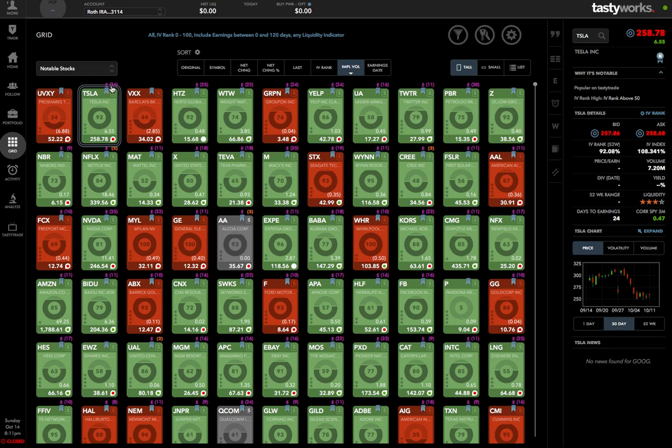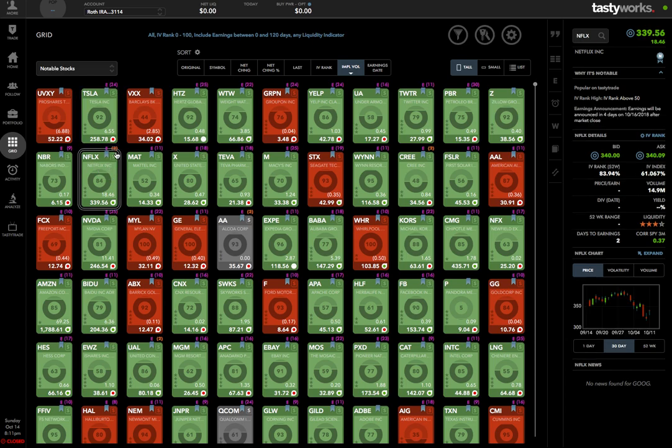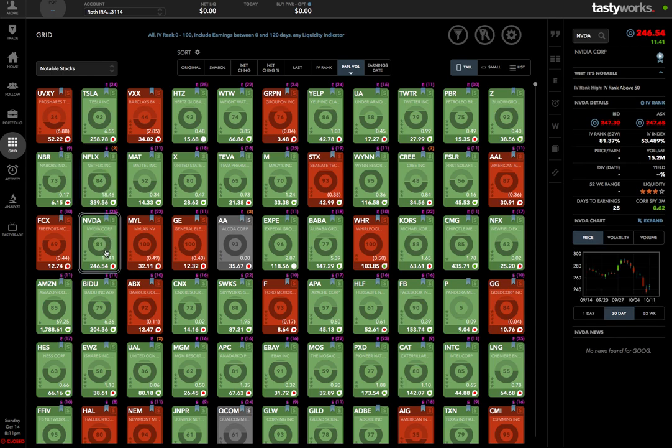In the top right hand corner, it says earnings 24. So that means earnings in 24 days. Okay. Netflix has earnings in 2 days. Okay. Netflix has an implied volatility of 84. That's pretty high, but that's given because earnings are in 2 days. So you're going to get high implied volatility. Okay. Nvidia has 81% implied volatility. That's pretty high as well. Their earnings are in 25 days.